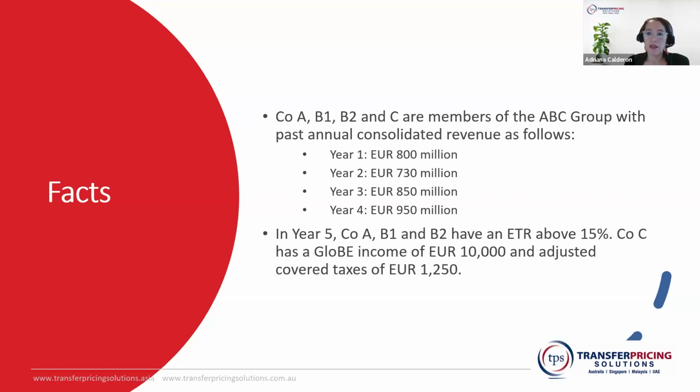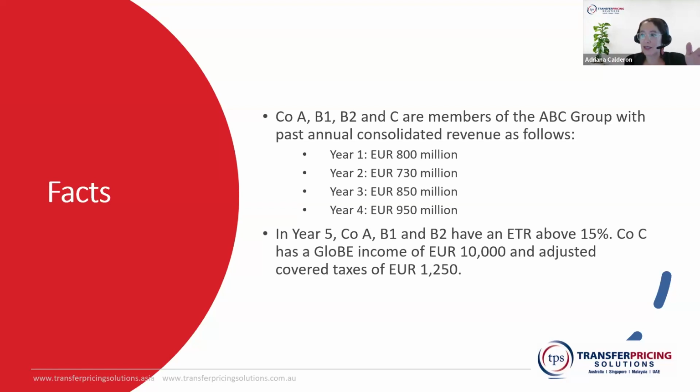Then the second question is, what is the effective tax rate in country C? The reason we are saying country C is because this tax manager was super diligent and already calculated GloBE for company A, company B1, and company B2. He already went through the process of doing the adjusted covered tax divided by GloBE income for each of the entities, because you have to do these computations for each constituent entity.